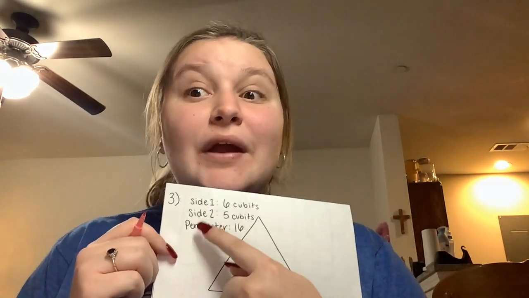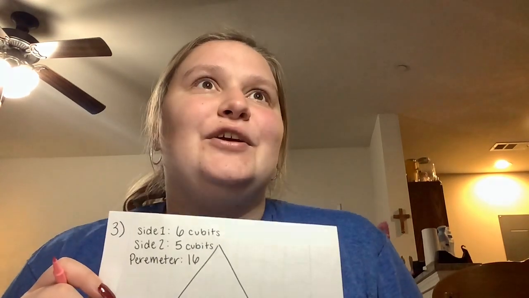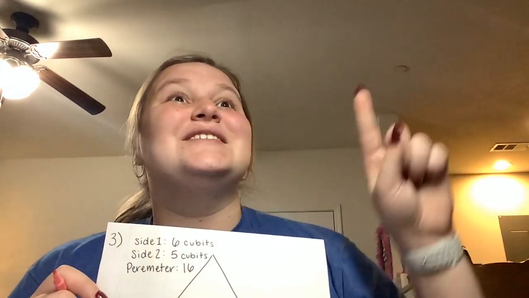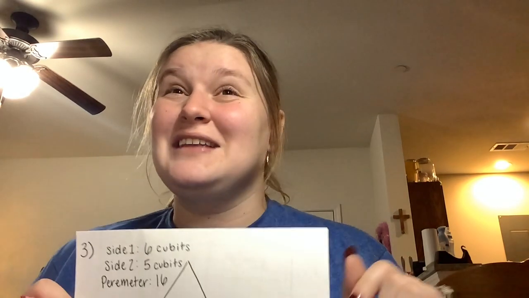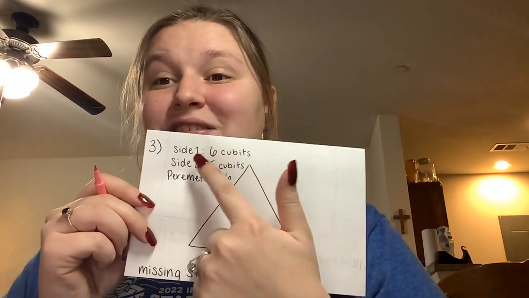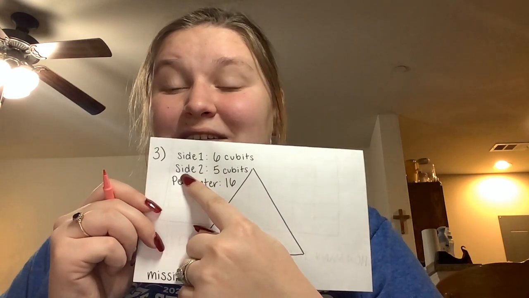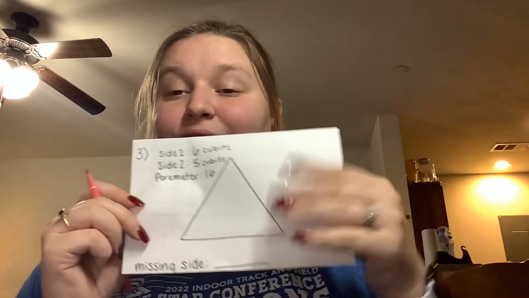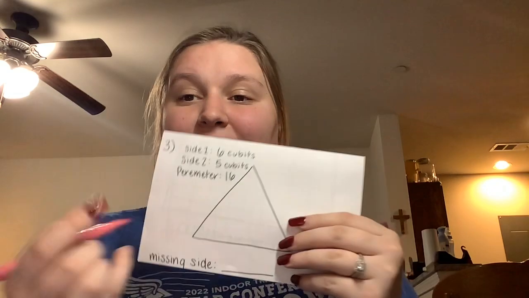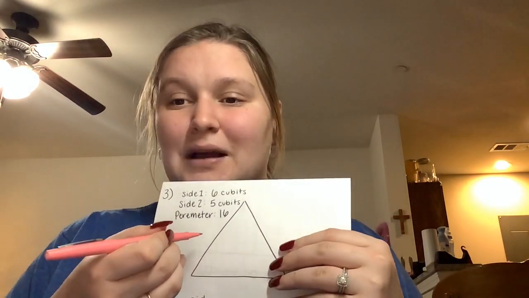So if we're going with the perimeter, what does that mean we're gonna do? Add all the sides, and this is a triangle, so how many sides does it have? 3, that's great. Okay, so we have one side is 6, and side number 2 is 5. So I'm gonna go ahead and call this my side number 1.